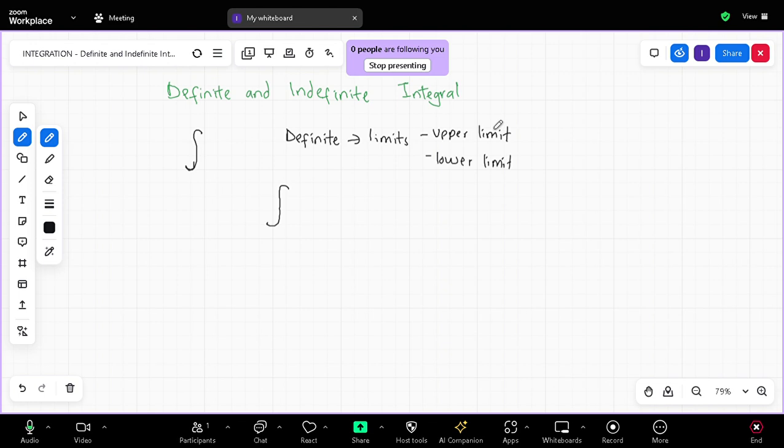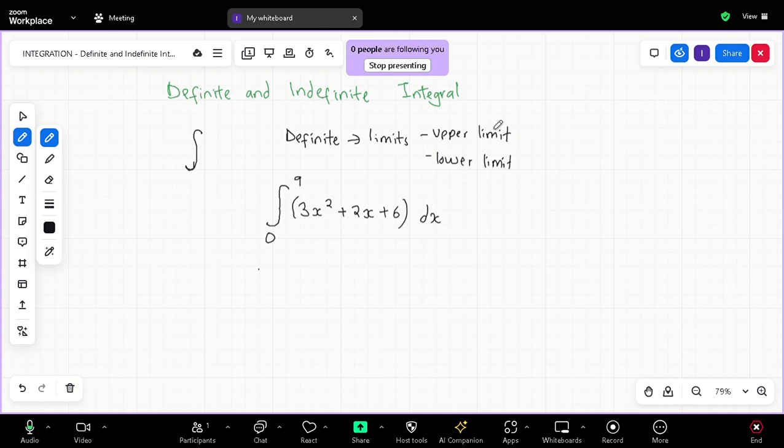We have been told, for example, 3x squared plus 2x plus 6 with respect to x, and the limits have been given from 0 to, for example, 9. So the one that has got limits is the one which is called the definite integral. In the definite integral, we don't add a constant term after integrating.